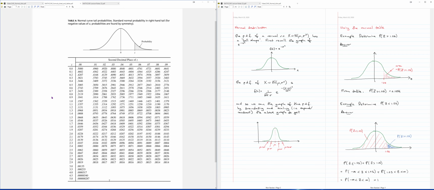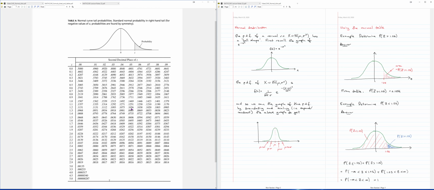What you do is first use the column over here to locate the 1.25 on your table. You have your 1.2 over here, and you use this row on top to fine tune. So 1.2 would correspond to, say, 1.21, and so on.